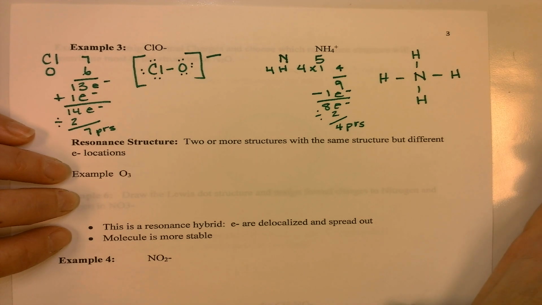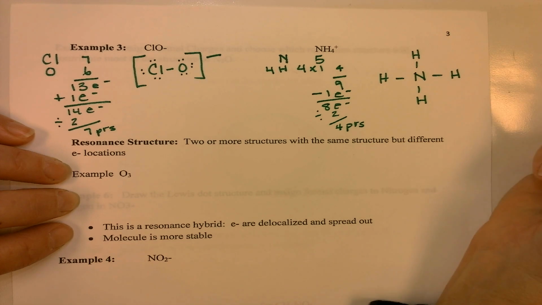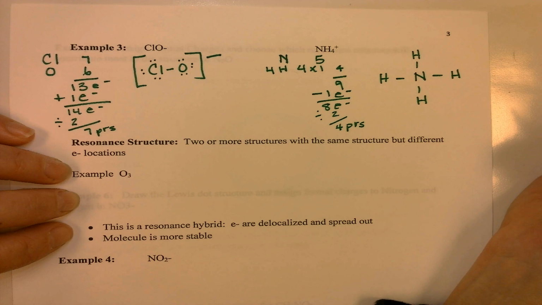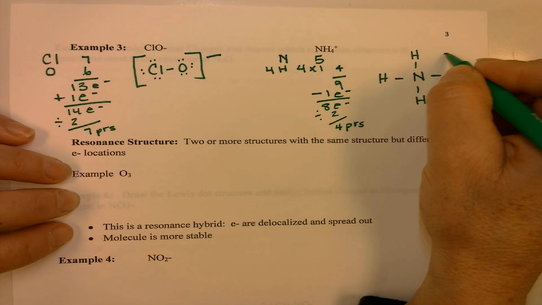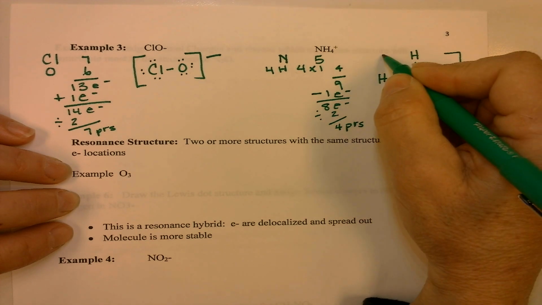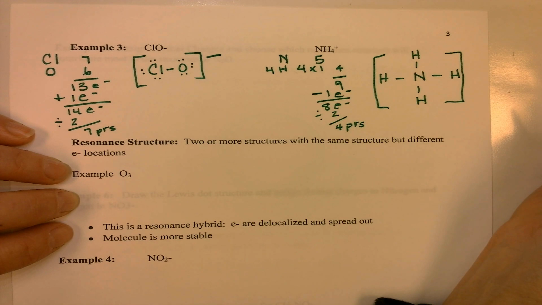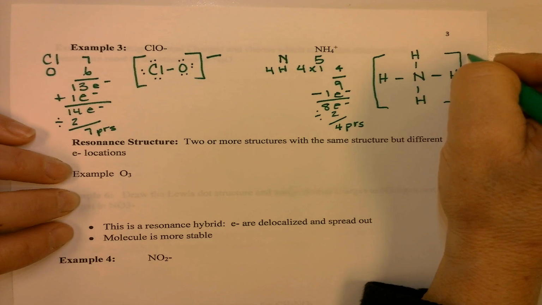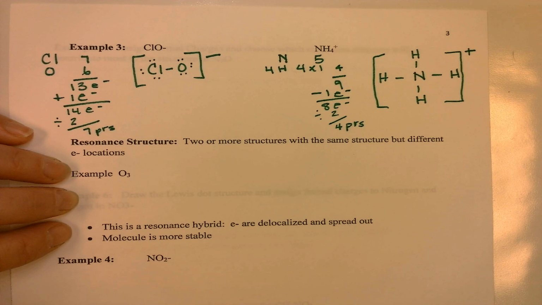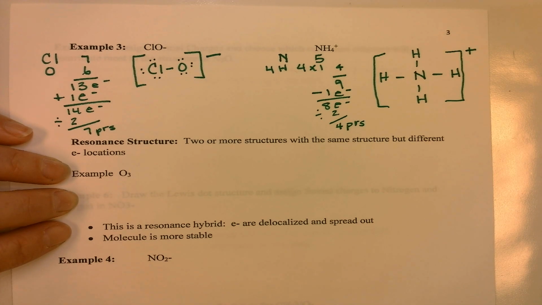All my hydrogens are good because they all have access to 2, and my nitrogen has access to 8. So we're good. I put my bracket, and outside I'm going to put a plus sign, which indicates that I took 1 electron away.